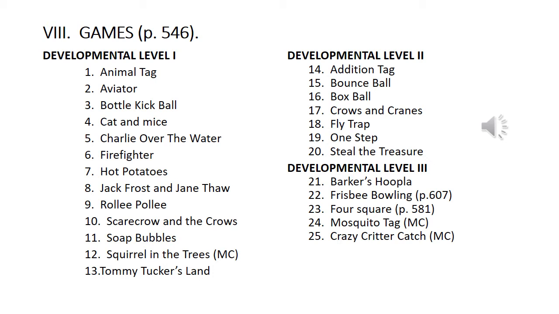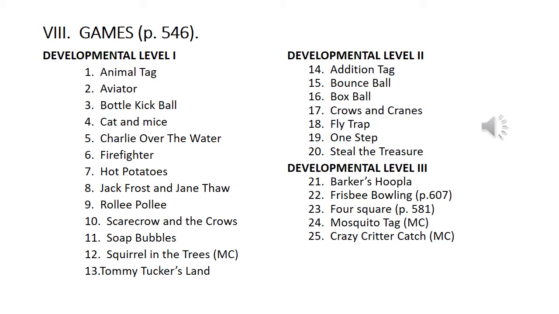You're going to go to my courses and list it under, let me see if it's under the activities. Yes, there's a games file, and in the games file, that's where you're going to see the squirrel in the tree activity. So do not type the squirrel in the trees activity listed on page 558 in the book. You're going to use the one listed in the games file in my courses.